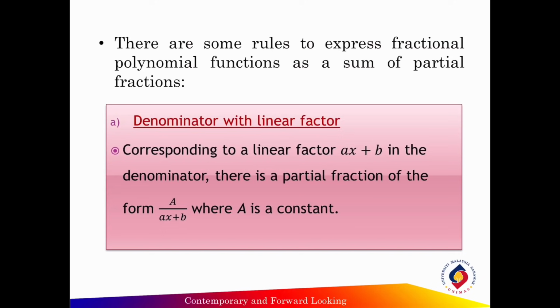Please bear in mind that we will deal with a proper fraction. Let's look at one example on how to express fractional polynomial functions as a sum of partial fractions with the first type, denominator with linear factor.